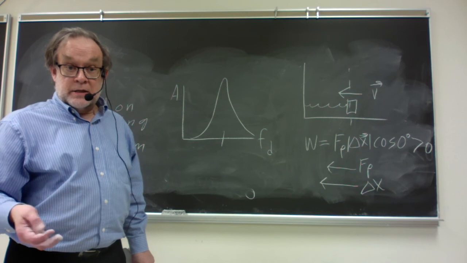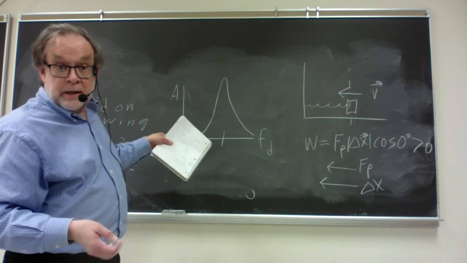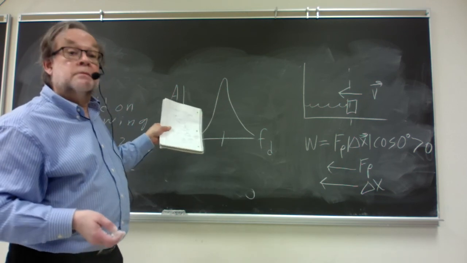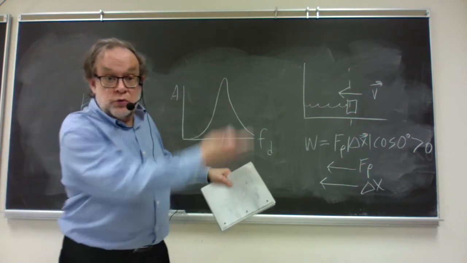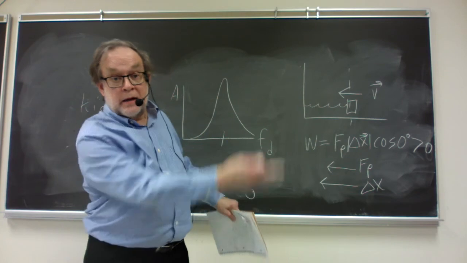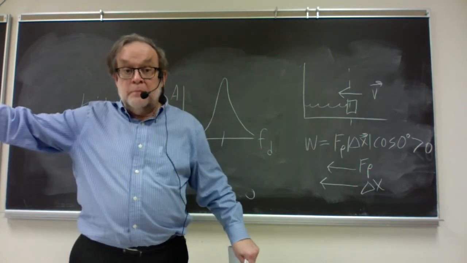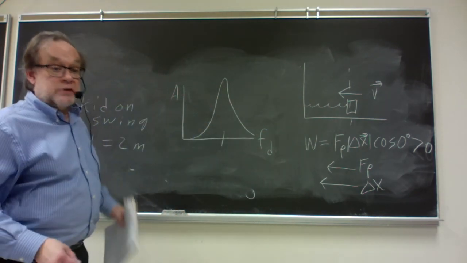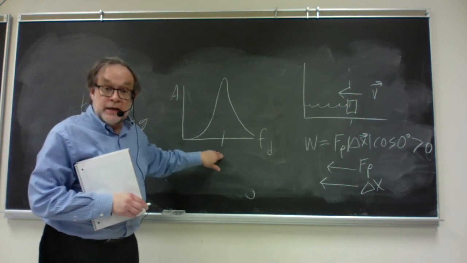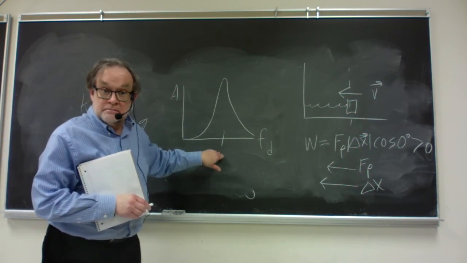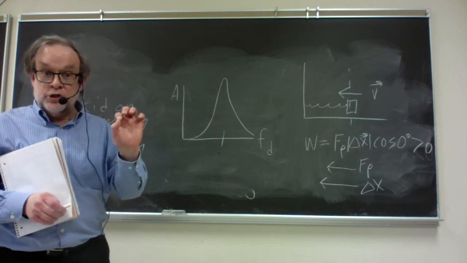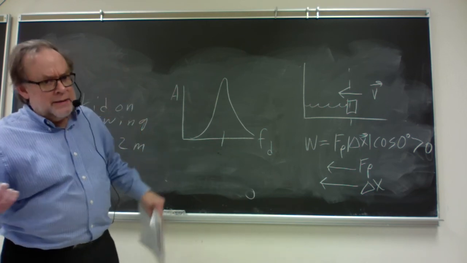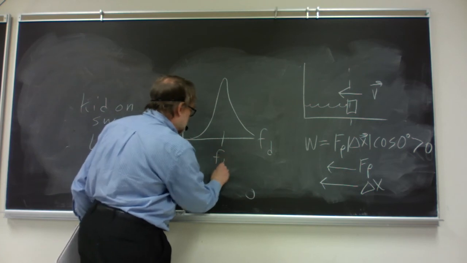And by maximizing the amount of energy that I give, I maximize the mechanical energy, to be specific, and that maximizes the amplitude, makes the kid swing back and forth farther at bigger angles. So obviously I want to push at the natural frequency. The natural frequency is the frequency I want to push at. What is the natural frequency?